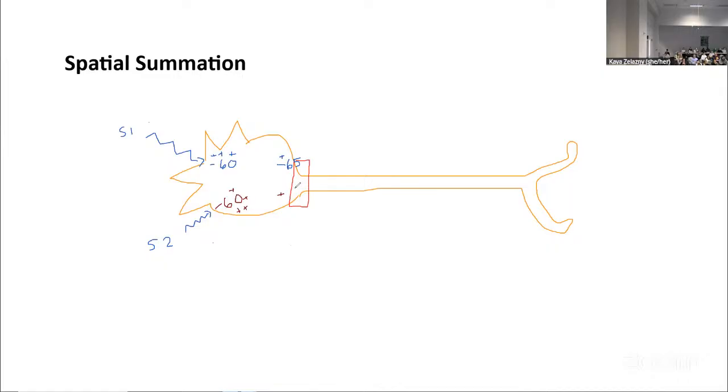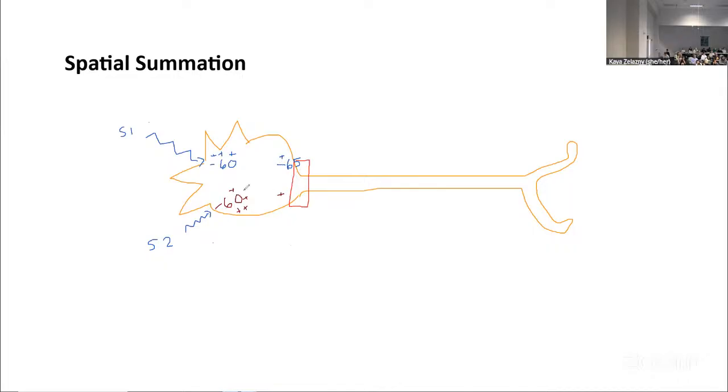So if we're trying to figure out what's happening at the axon hillock specifically in this situation, we're not going to be just at -65, right? Because this stimulus 2 is also depolarizing us a bit, right?